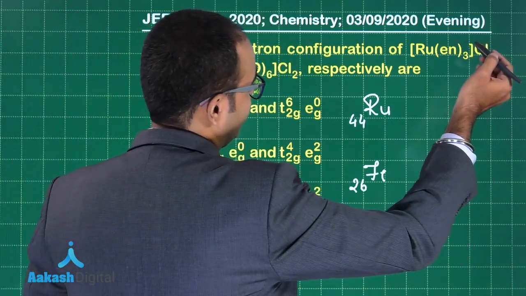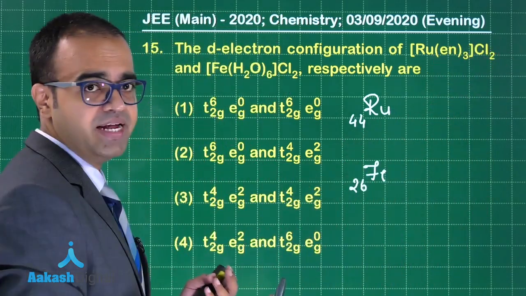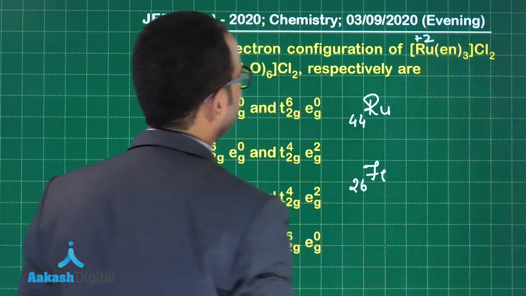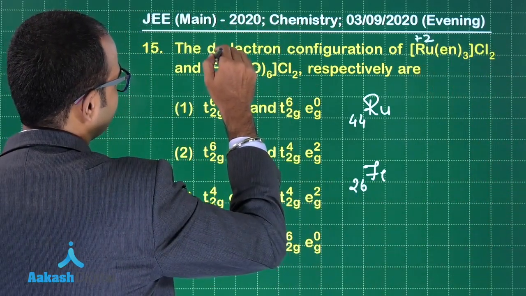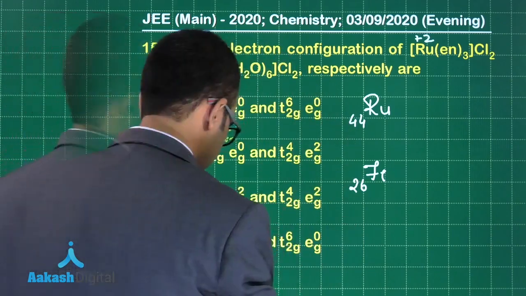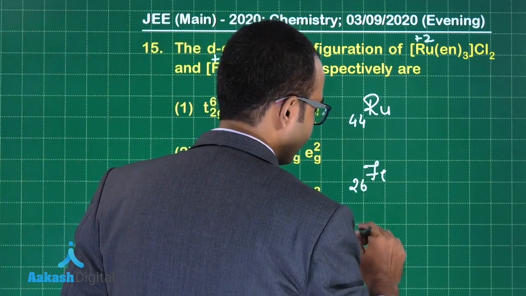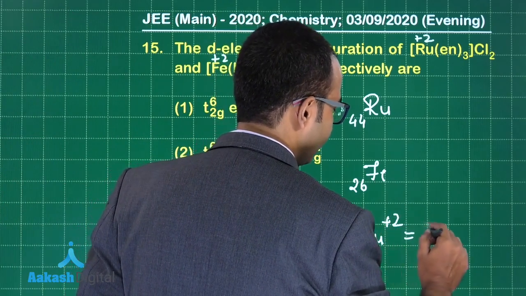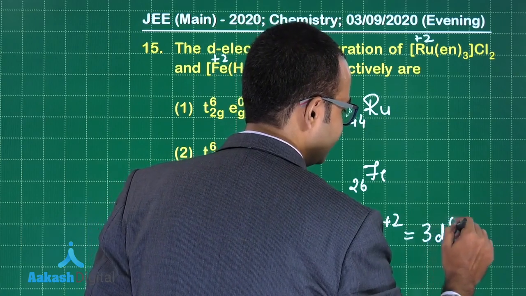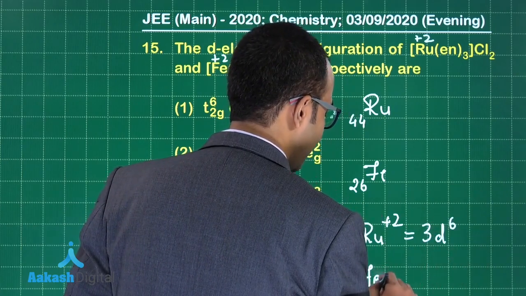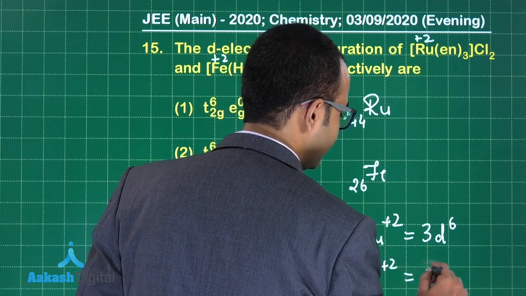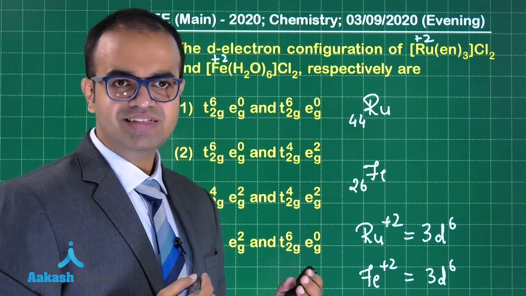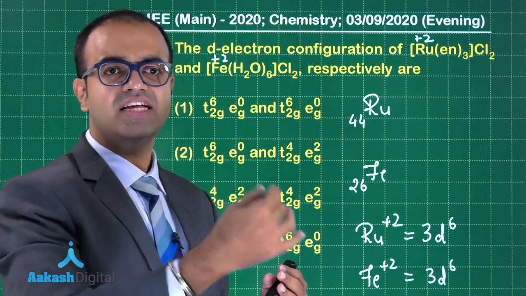En is a neutral ligand, Cl2 is carrying a charge of -2, so the charge will be +2. Fe is again having a charge of +2. So Ru in the +2 state will have a 3d6 electronic configuration, and same is applicable for Fe. Now we'll look at how to split these electrons between the t2g and the eg orbitals.